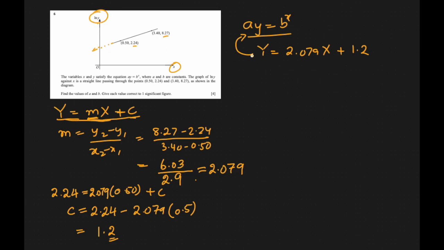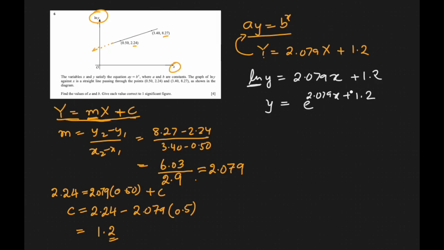It will be natural log y in place of Y now. So natural log of y is equal to 2.079 x, small x now, plus 1.2. Now if I remove natural log from this side, it will be e to the power the whole of it. So e to the power 2.079x plus 1.2.